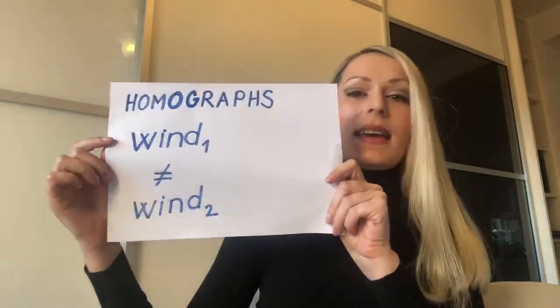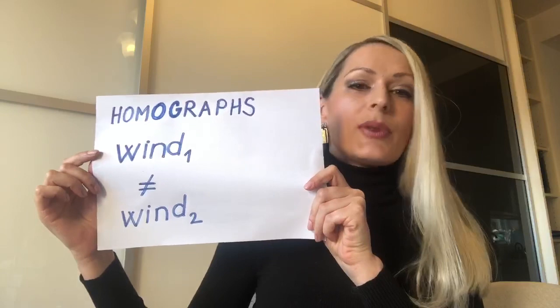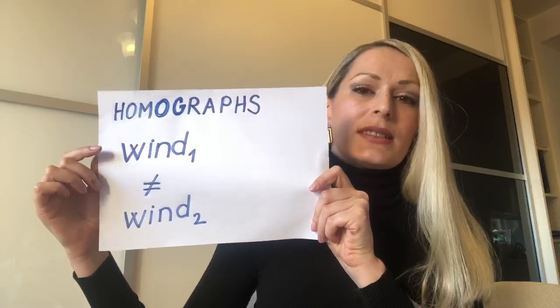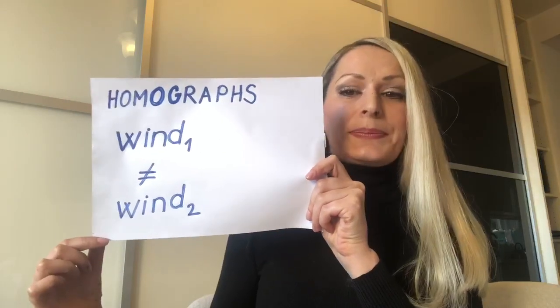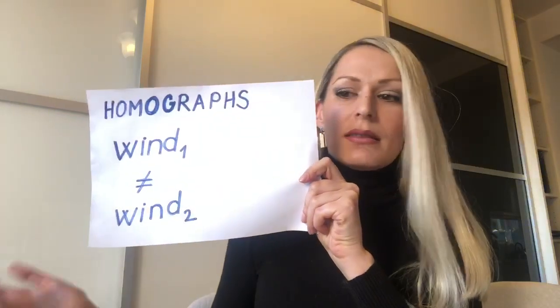WIND1 and WIND2. So, as it says here, these words are homographs. It means that they are spelled in the same way. However, the pronunciation is going to be different. So the first one is wind, but the second one is wind. Okay, I believe the first one is very straightforward.